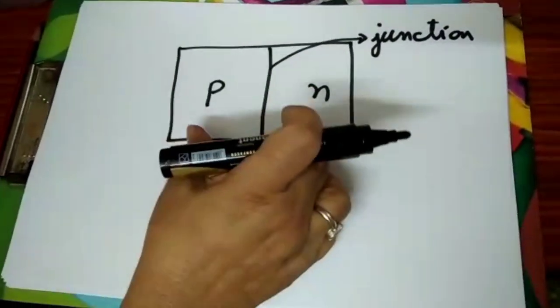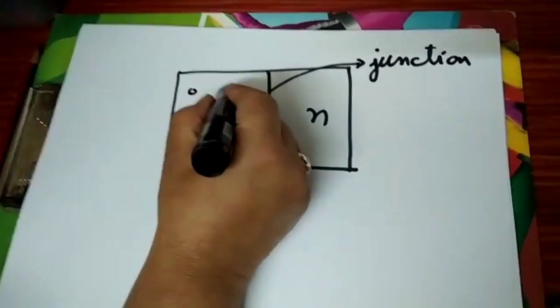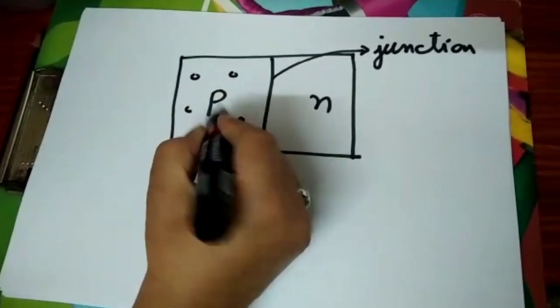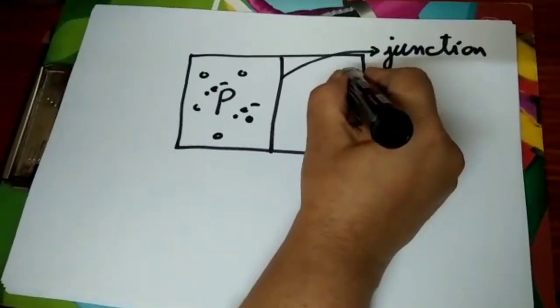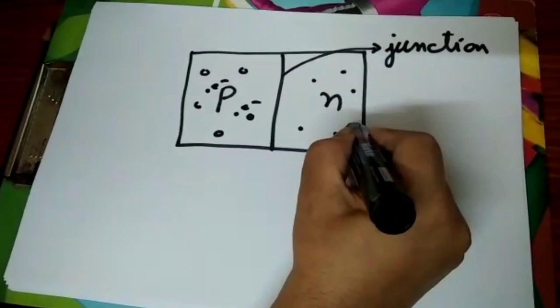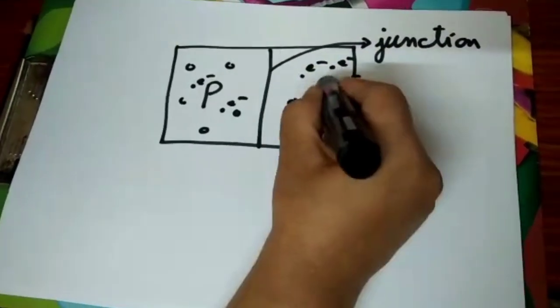Now, suppose in the P section, majority are holes and minority are electrons, and in N type, majority are electrons and minority are holes.